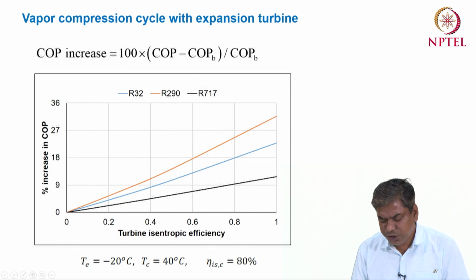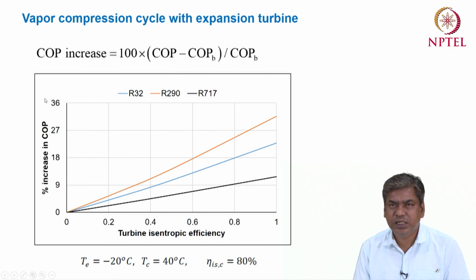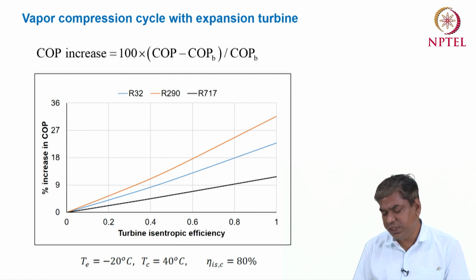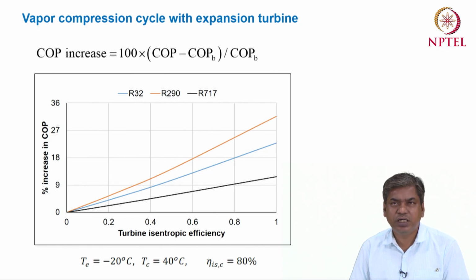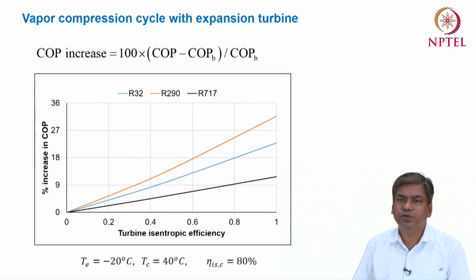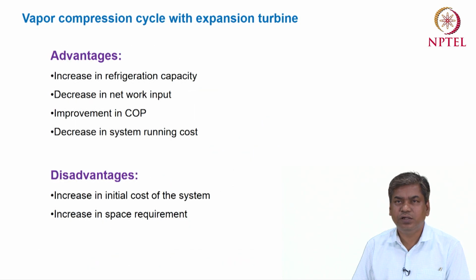The improvement of COP basically represents the decrease of running cost of the system. That means for a given cooling capacity, the compressor work requirement will be less in case of the higher COP of this system. Finally, we can summarize the advantages and disadvantages of using the expansion turbine.